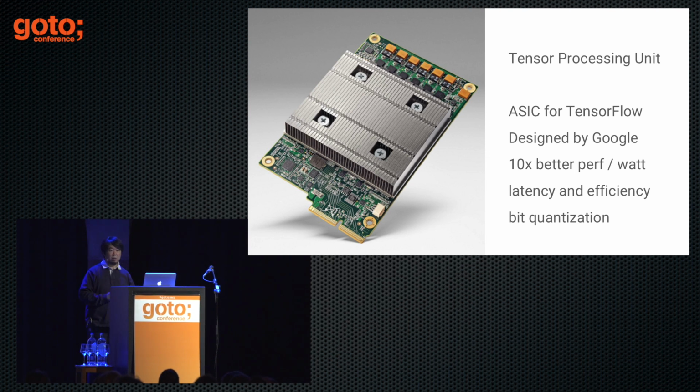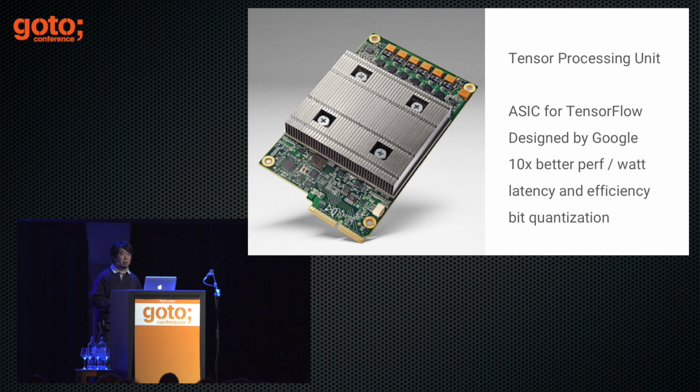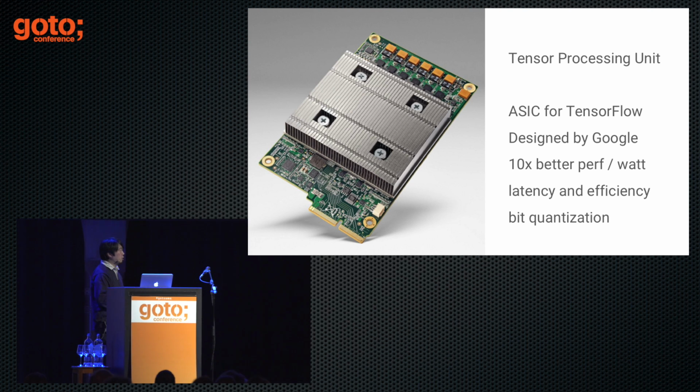So by designing ASICs, or LSI chips, specifically for TensorFlow and deep neural networks, we were able to reduce the power consumption and gain 10 times better performance per watt.